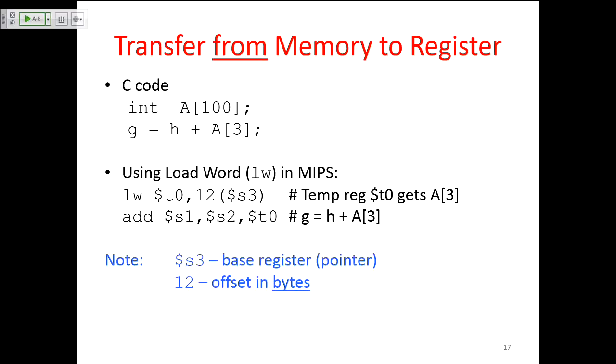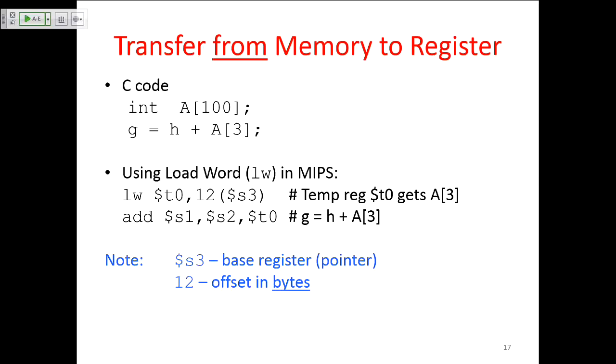Okay? So again, S3 we're going to call the base register, or the pointer into the array. So if our array was A of 100, then A of 0 is really the value that is stored in this register S3. So whatever we have in that bracket, you better make sure that the pointer to the array you want to access is in that bracket. Okay? And then 12, again, is the offset in bytes.